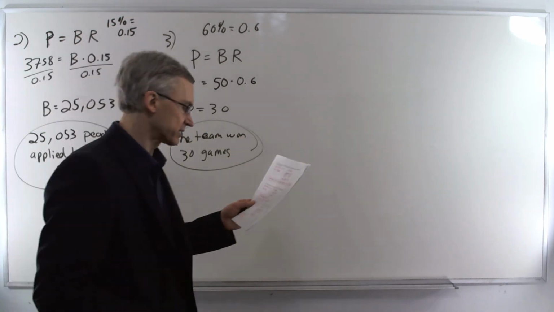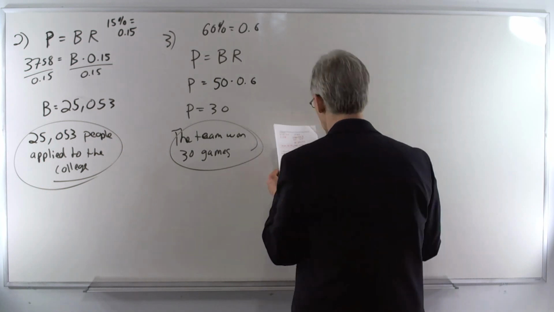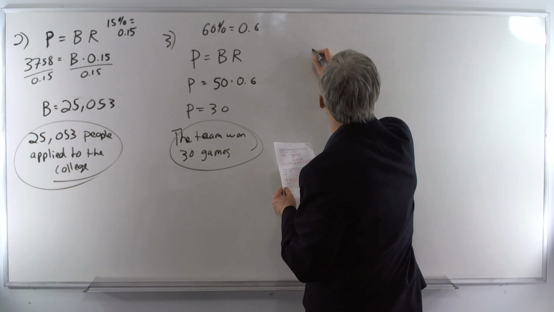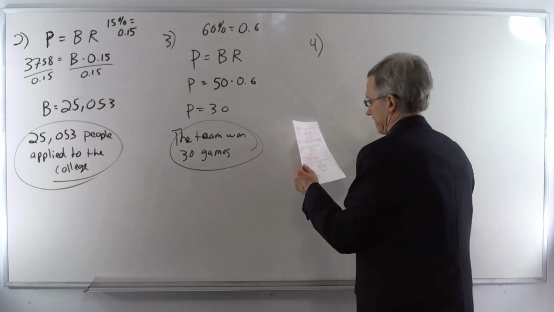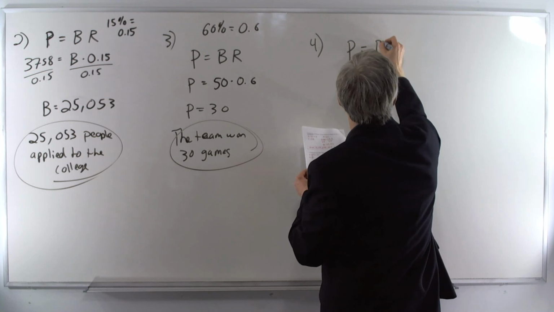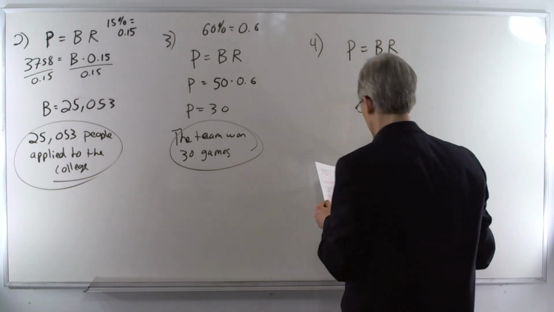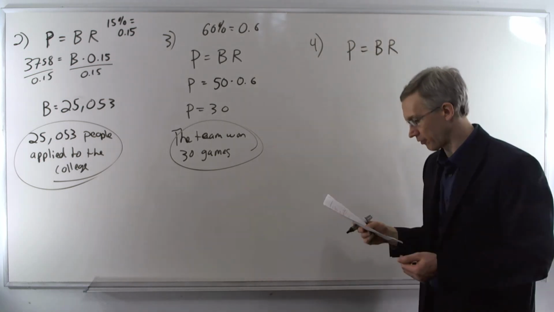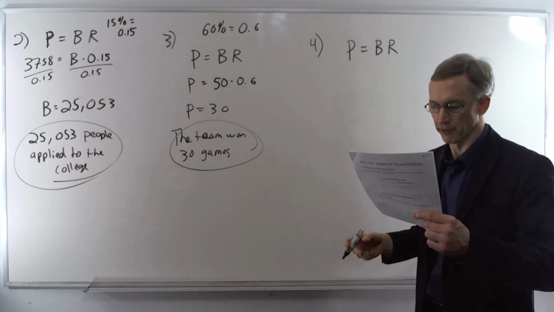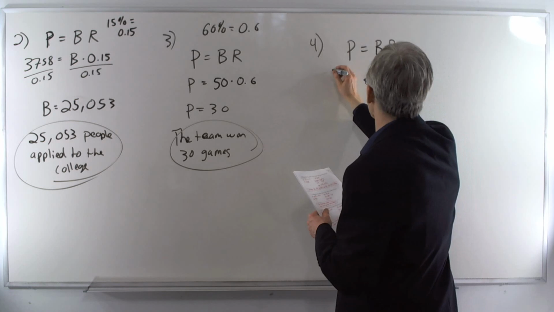Number 4, sales tax on a new computer is 5%, which came out to $34. How much was the computer? So is 34 the part or the whole? Well, it's definitely the part. You're not getting a new computer for $34. So 34 is going to go over here for the part.